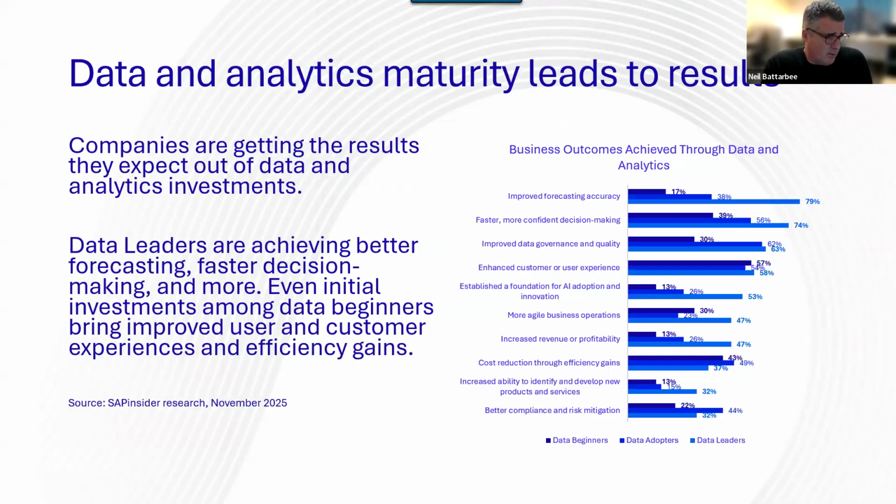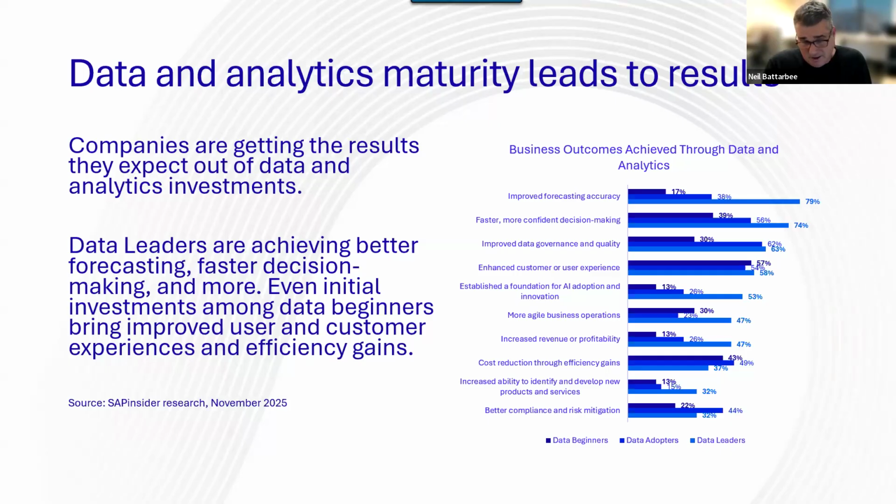But maturity with data leads to results. See, this looks similar to the one we did earlier. Maybe it is. I'm not sure. I'll have to check. But look at those numbers. Cost reduction, right, through efficiency gains. Even as a leader, which is the darker color, actually, the darker color is getting more as a percentage because they're starting with nothing, right?